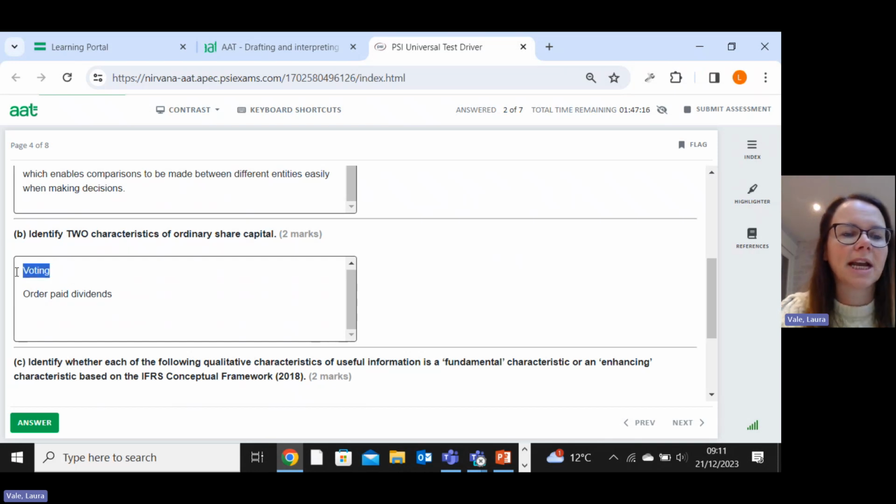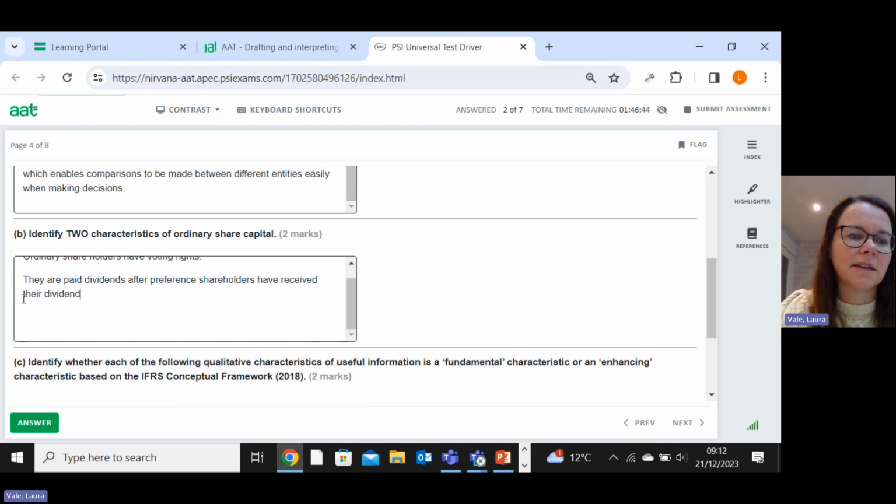So, ordinary shareholders have voting rights. And then the second point, they are paid dividends after preference shareholders have received their dividends.